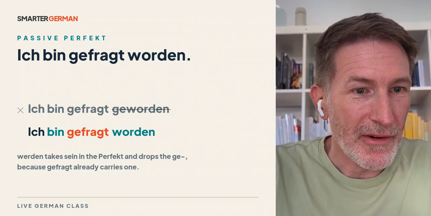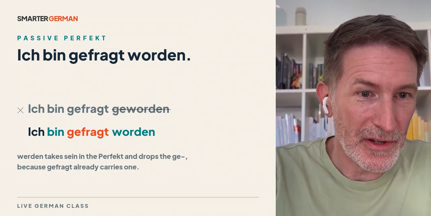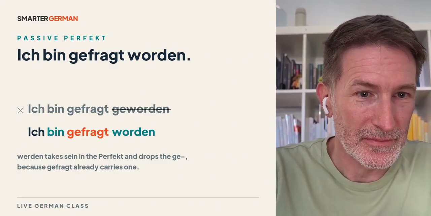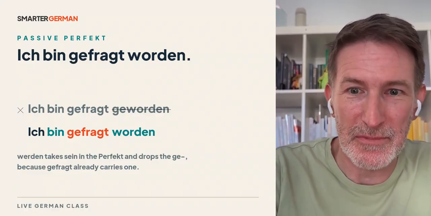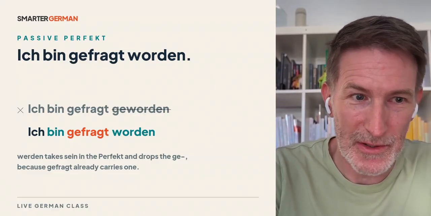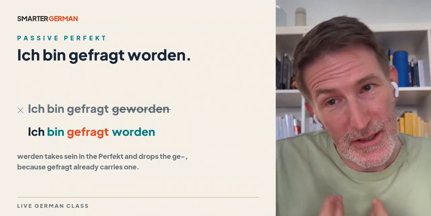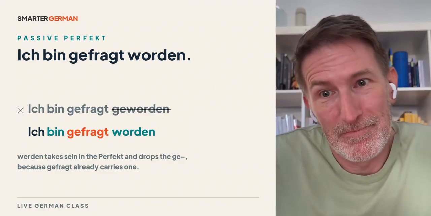So worden is the perfect form of the passive. Again, these are all B2 level stuff, but I hope you can follow at least logically. You don't have to be able to use this. And werden is one of the few verbs that take sein in the perfect.